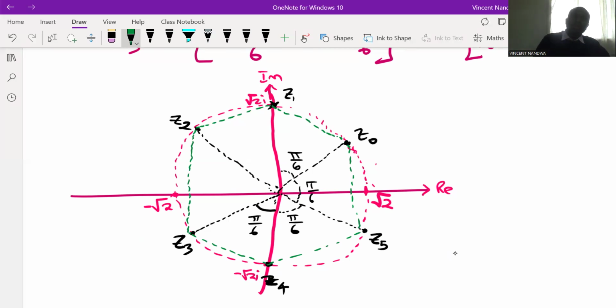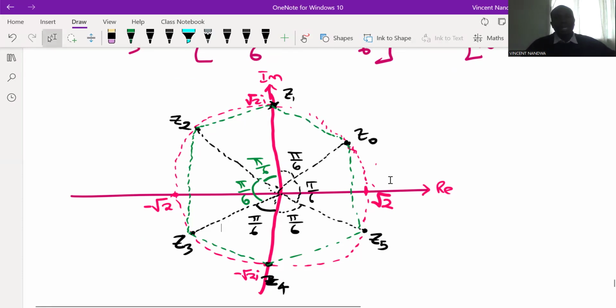And these angles are always uniform. I think that pi over 6, 6 of them, when you add, you get 360, which is always true from basic geometry. So that is usually what we are supposed to do when it comes to finding the roots of complex numbers.